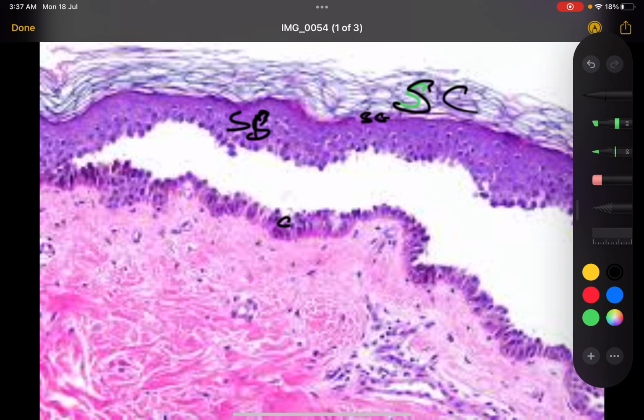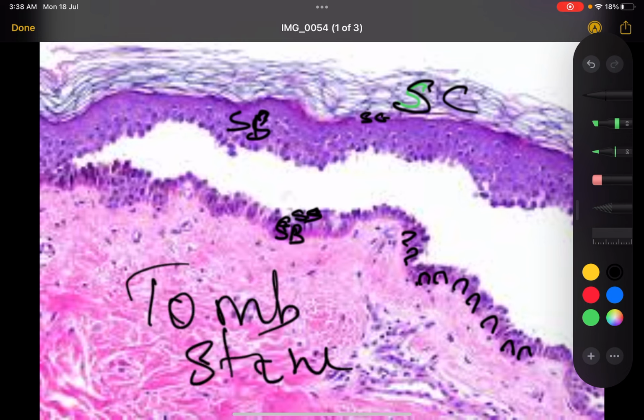As you see, the stratum spinosum is split, and this is again your stratum spinosum, and here is your stratum basale. Because the basal cells are connected to the dermoepidermal junction, and if you look closely, these basal cells are also supposed to have desmosomes. Some of them are affected, which is why they appear separated, and they give a tombstone appearance. So this is a very important diagnostic marker on histology.